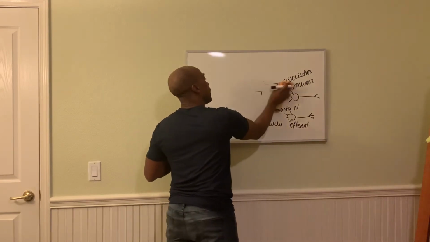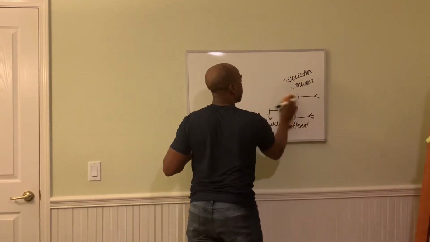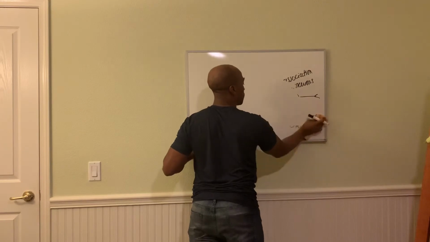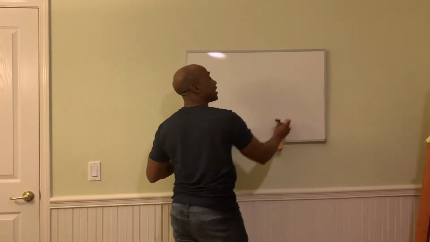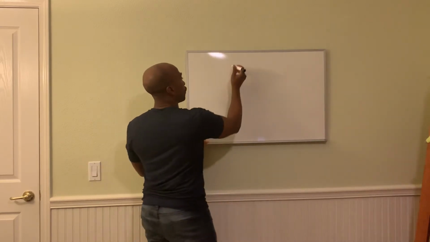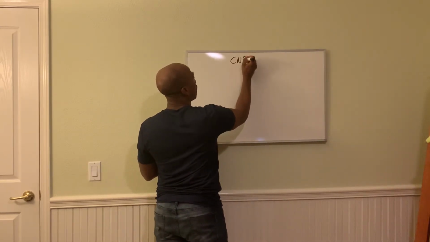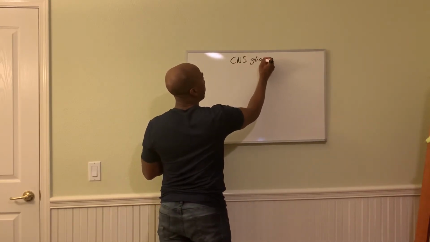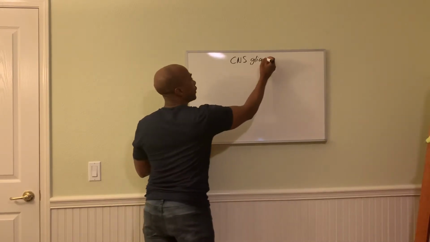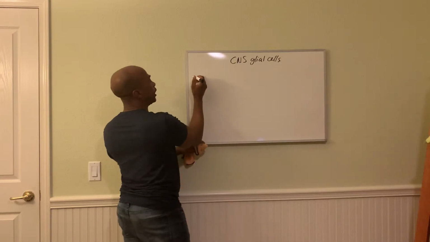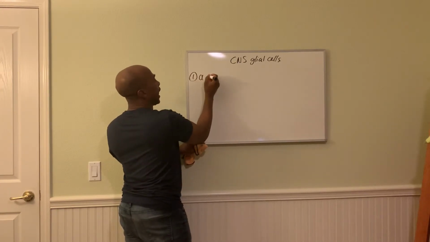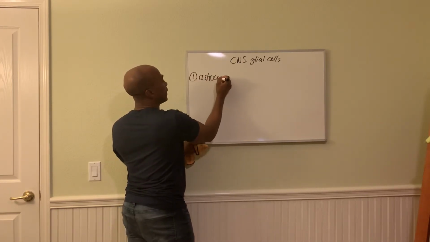Okay, and there are around 6 types of glial cells in the nervous system. We're going to look at the ones that you first find in the central nervous system. So we're going to look at your central nervous system glia. You can begin with first your astrocytes.